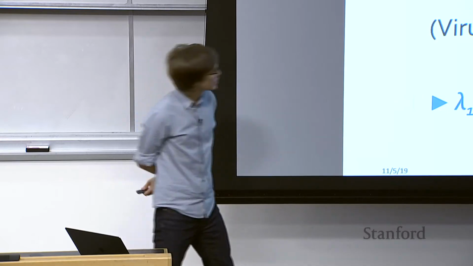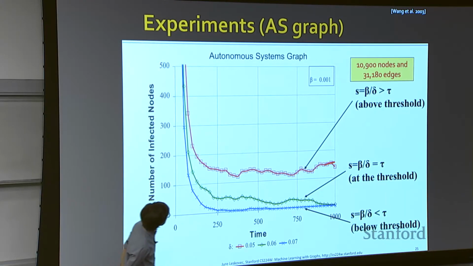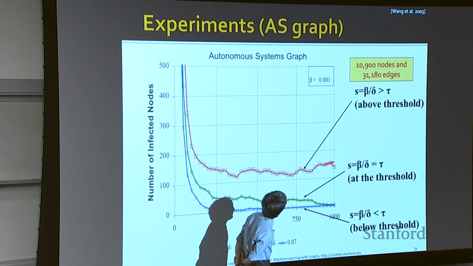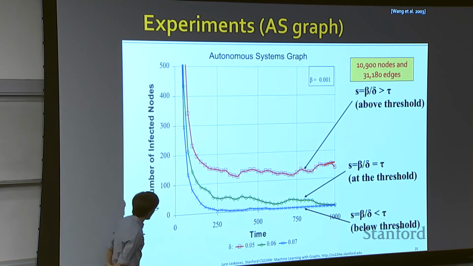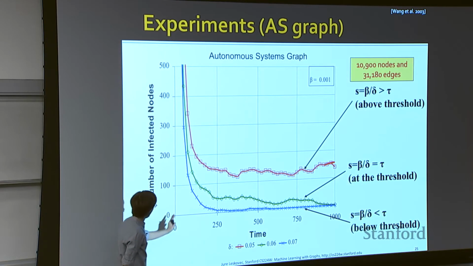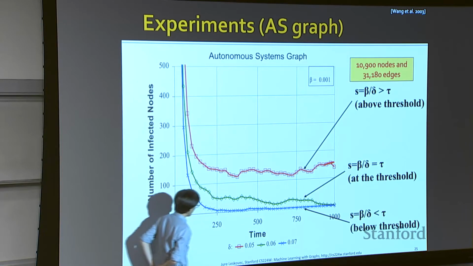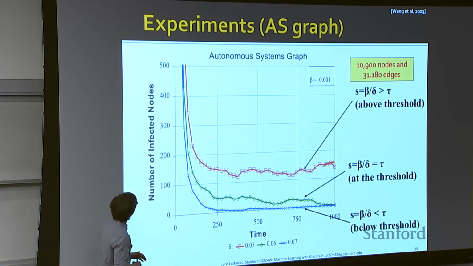Let me show you this with a simulation. Here is a graph on 10,000 nodes and 30,000 edges, where we are simulating the SIS model. This is the first iteration, and then we keep iterating over time.